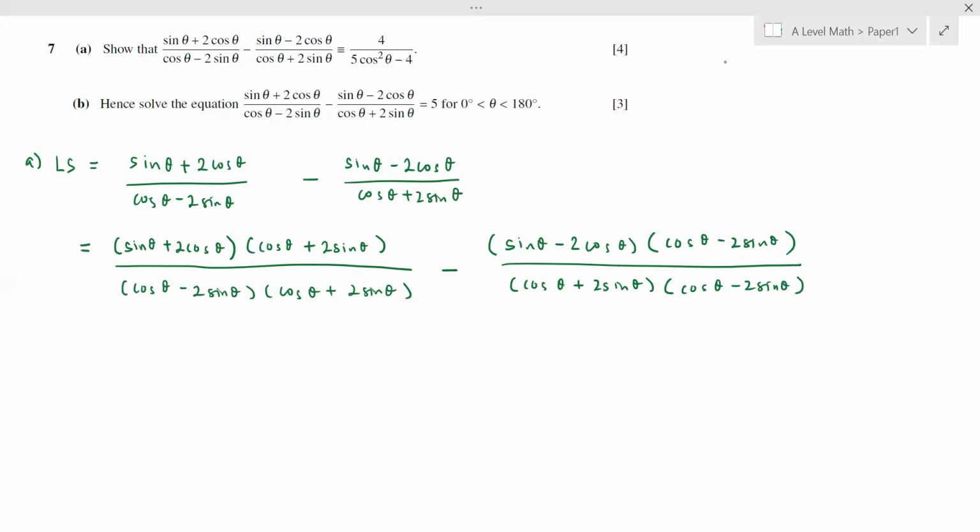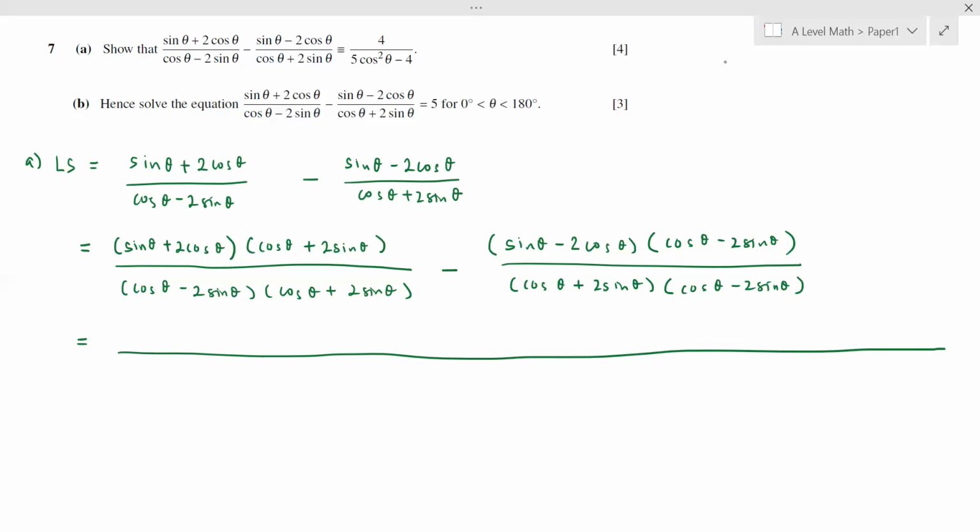Now notice that the denominator for the first term is the same as the denominator for the second term. So we have a common denominator. We can just use one big fat straight line here. And for the denominator, cos theta minus 2 sine theta and cos theta plus 2 sine theta.